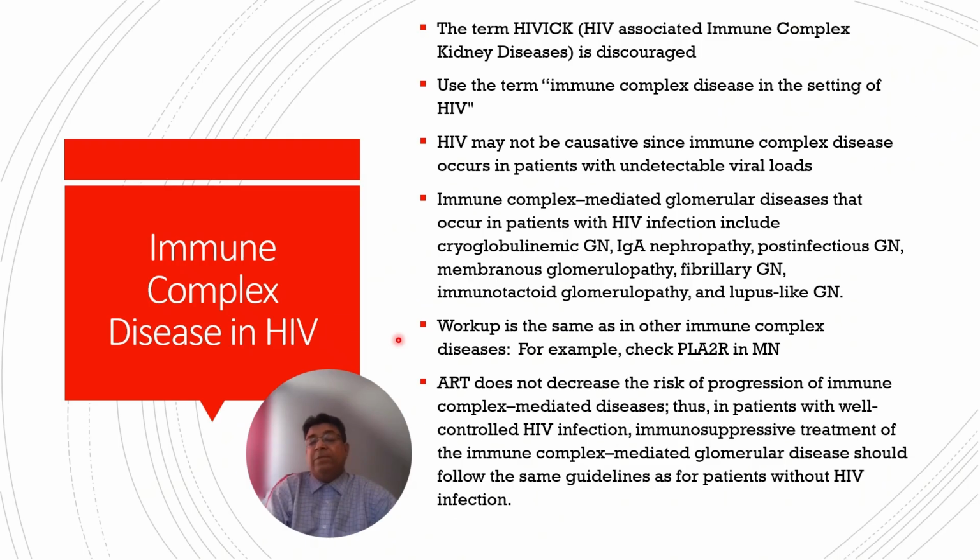For example, check PLA2R in membranous nephropathy. Antiretroviral therapy does not decrease the risk of progression of immune complex mediated diseases. Thus, in patients with well-controlled HIV infection, immunosuppressive treatment of the immune complex mediated glomerular disease should follow the same guidelines as for patients without HIV infection.